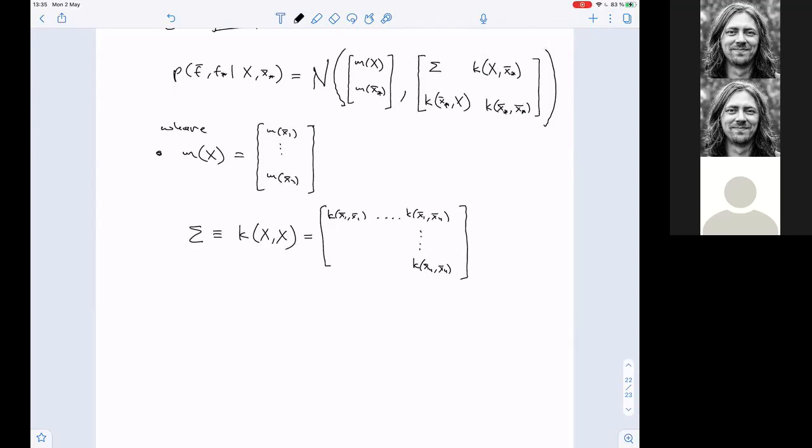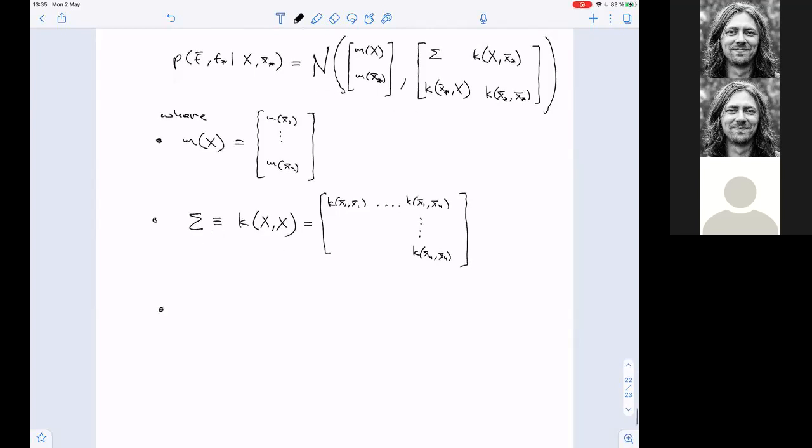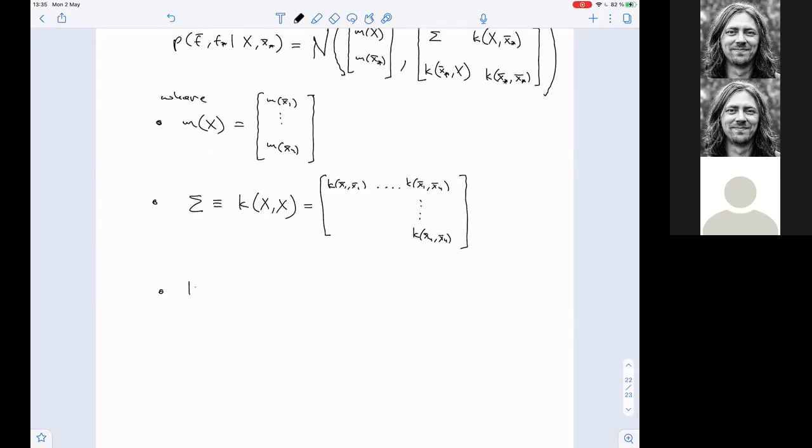So we had M of X, we had sigma, and we need to define what we mean by K of X matrix, comma, X star test point.